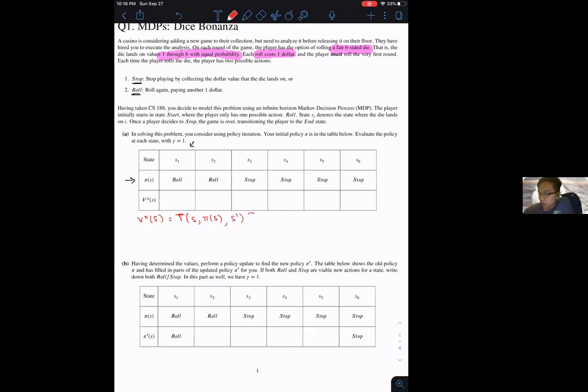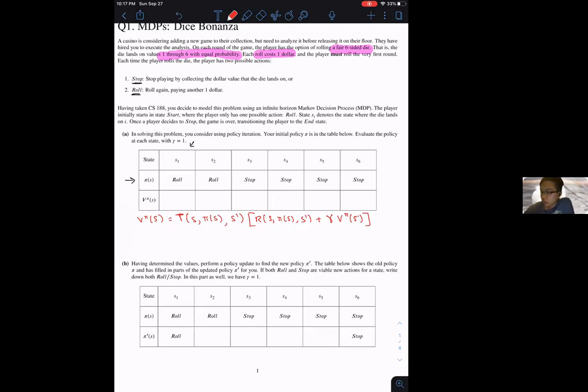Then we multiply that with the reward that we get for going to that next state, so R of s, pi of s, s prime, plus the discount factor gamma times the value of the successor state, V pi of s prime. This is the equation that we want to run for all of these different states. Because of how we set up the problem, you don't really have to go through this equation, but it's good to keep in your mind.